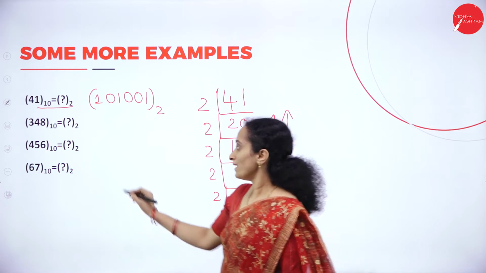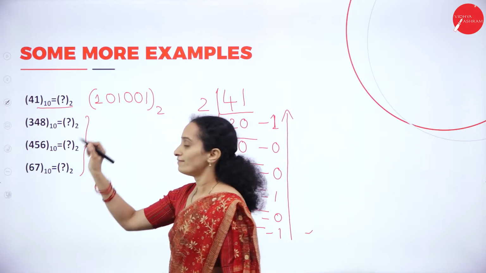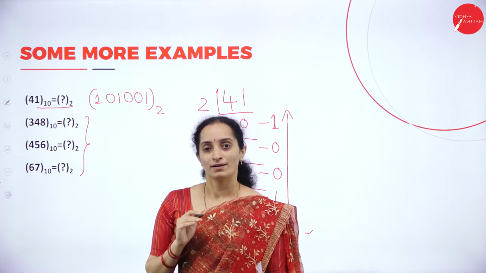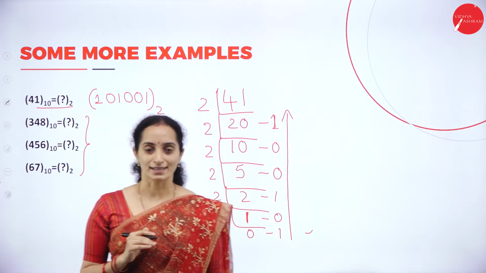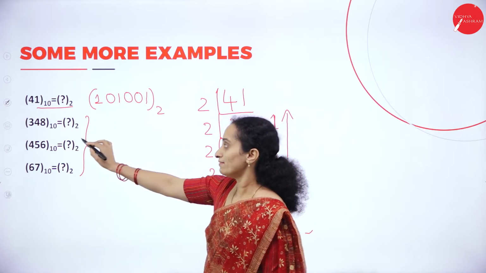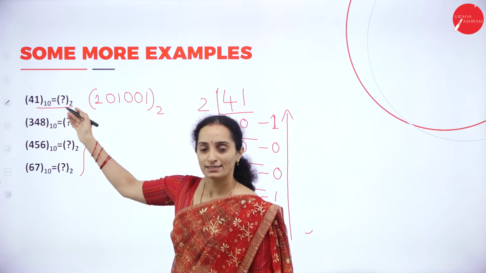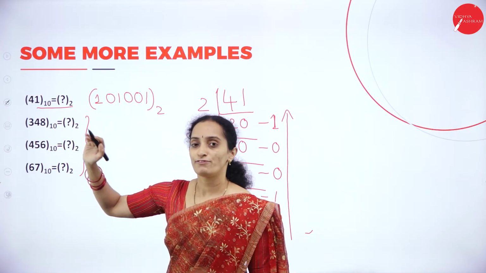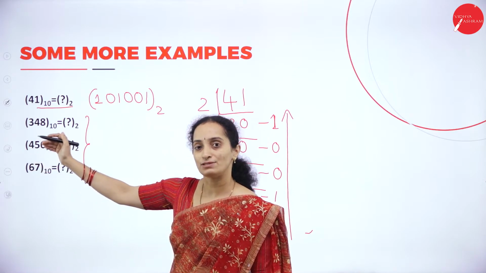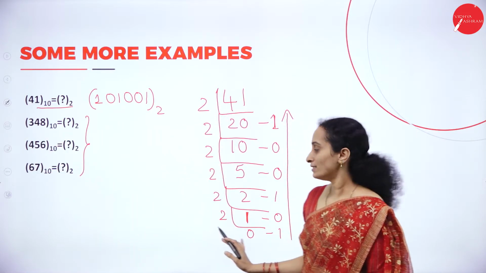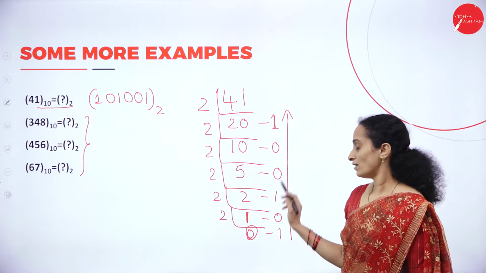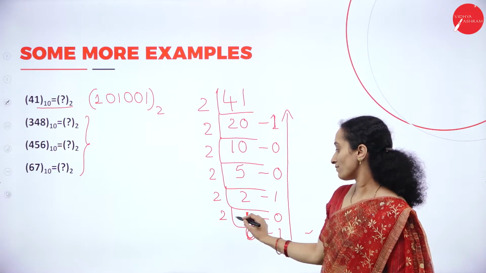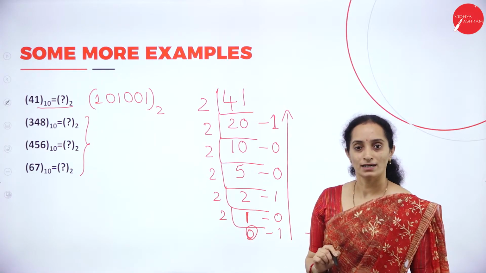The remaining 3 are for you to get the answer. You try by dividing 348 by 2, successive division by 2, and similarly for the others, until you get the quotient 0 or a quotient value less than the base.